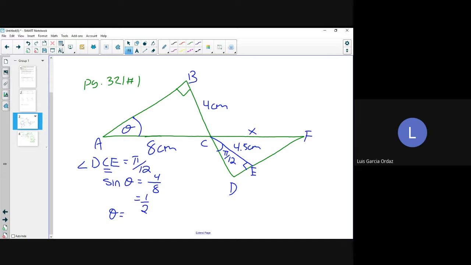I'm just going to do the whole question now that I've started, just in case people have the same issue. So what angle gives us a sine ratio of 1 over 2? What special triangle?